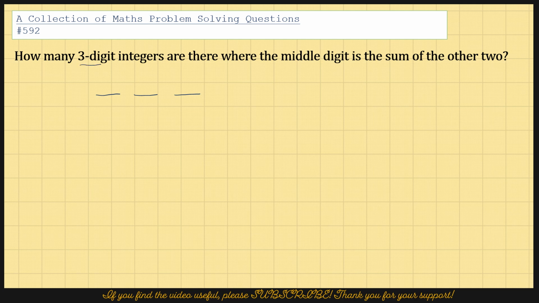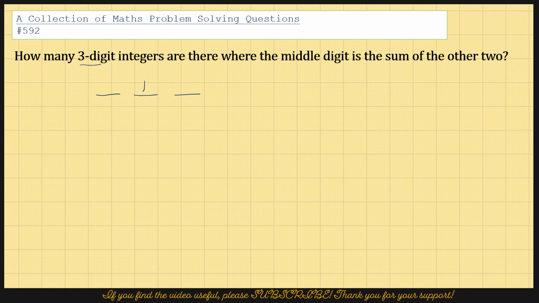The middle digit can't be 0. If you add two numbers and the sum is 0, that means all the numbers are 0. So 0 is not a possibility, but it can be 1, because the first digit can't be 0, but you can have a 1 and a 0, and 1 plus 0 is 1.